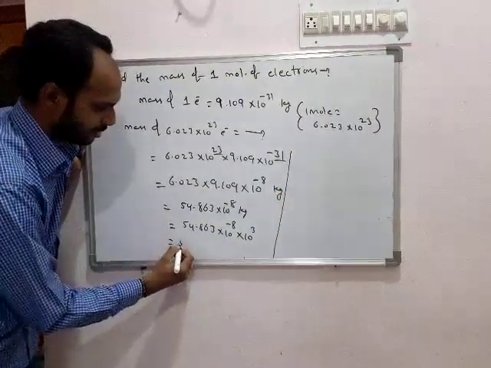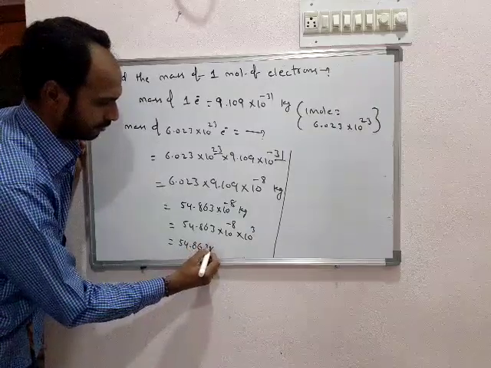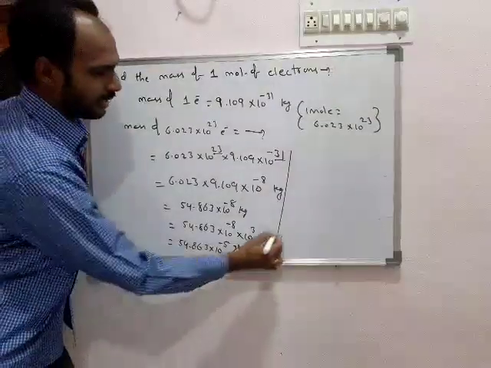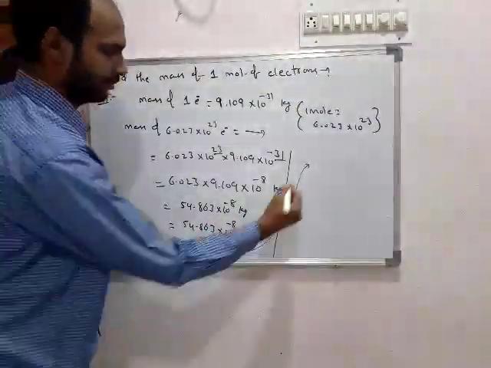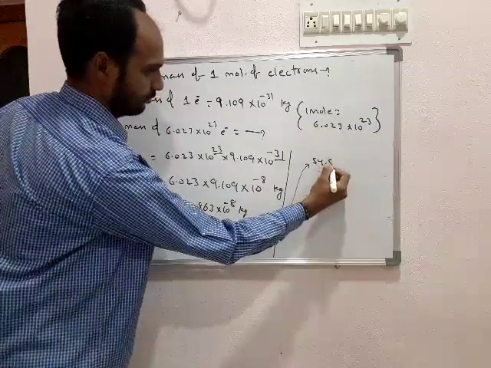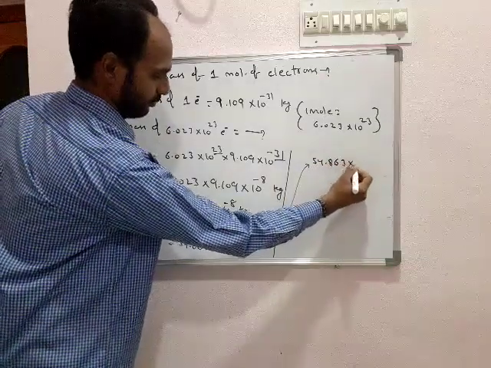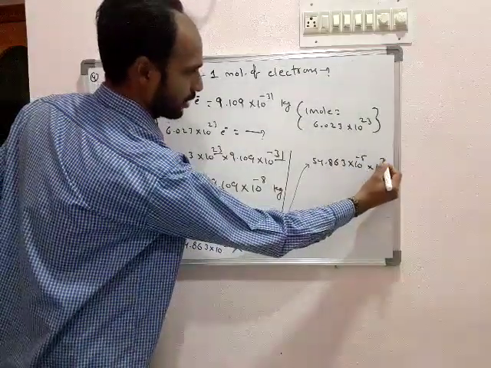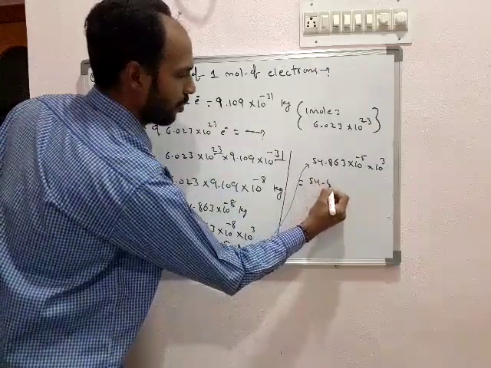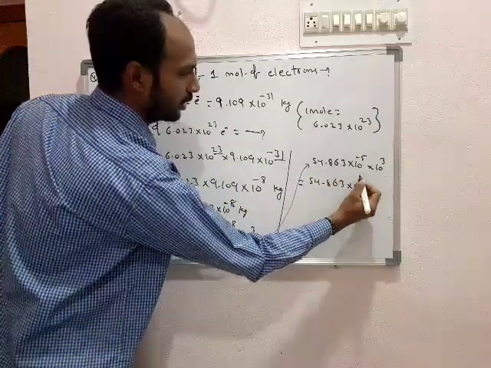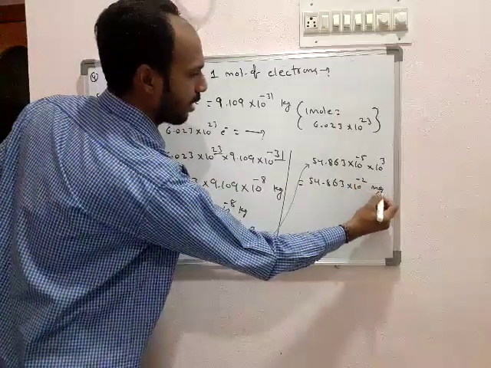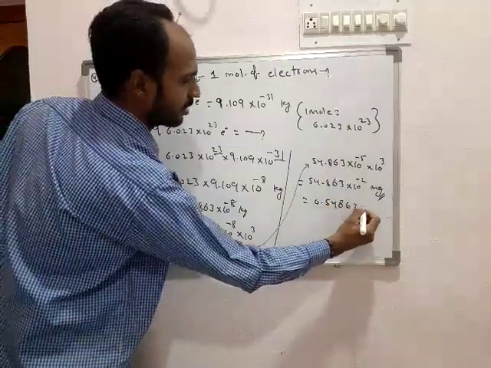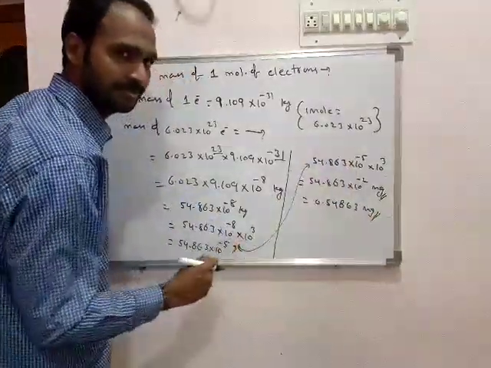So now it becomes 10 power 5 grams. Convert it into milligrams. Milligram means again 1000. So that equals 54.863 into 10 power minus 2 milligrams. For this we can write 0.54863 milligrams. Okay, take it.